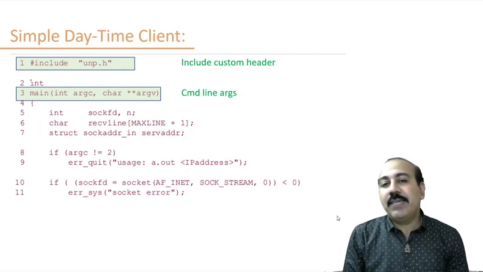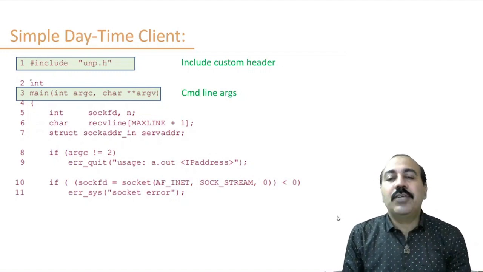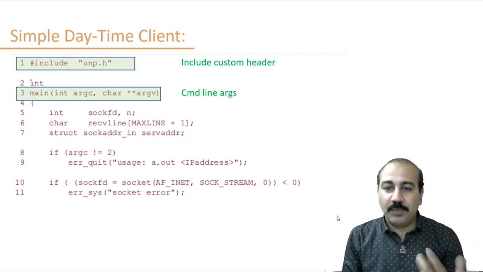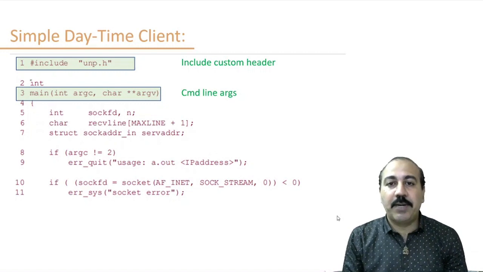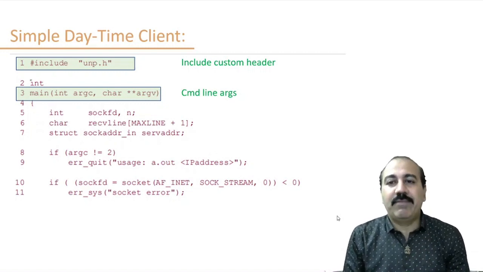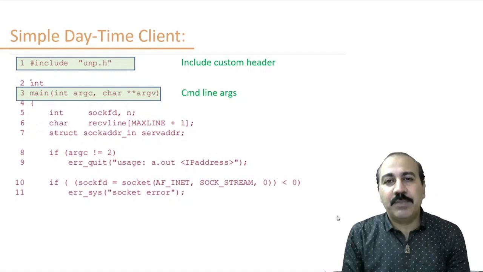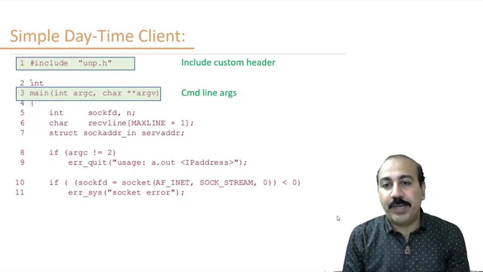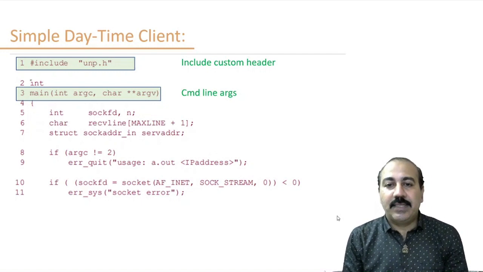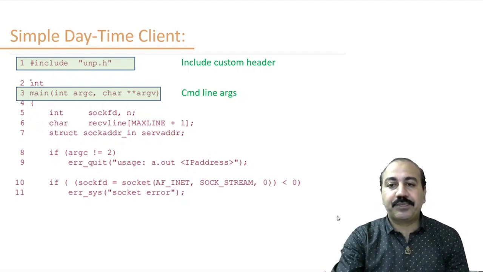That is given at the time of execution of the program. Whenever you call the program for execution at the command prompt, I will pass the arguments there. I think you might have experience of writing some simple programs using command line arguments. We'll discuss that in detail later.